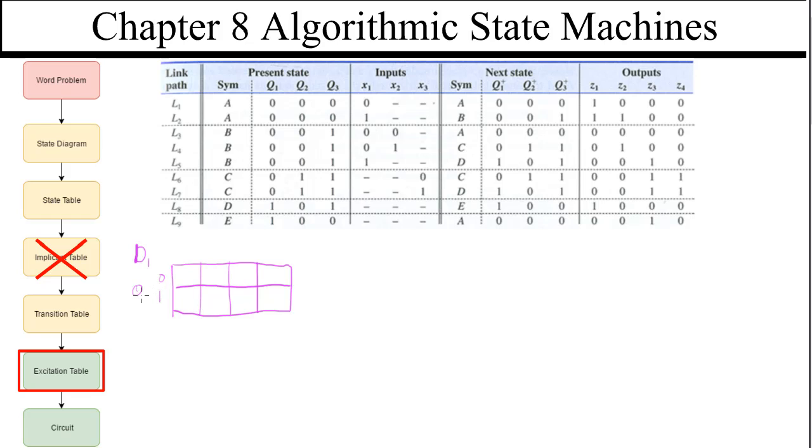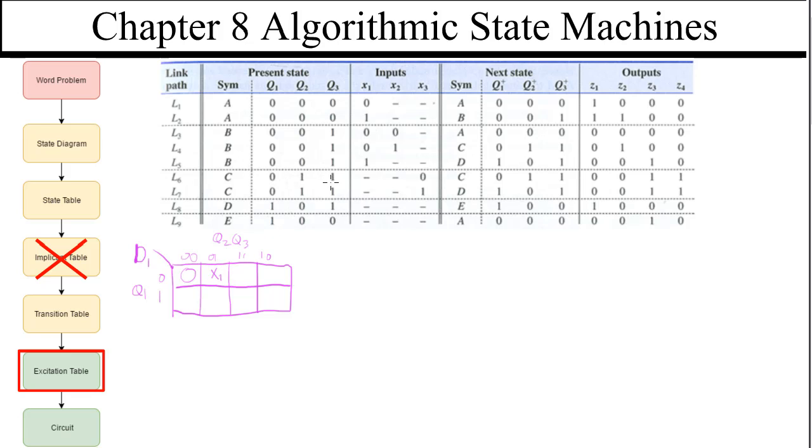So this is going to be Q1, and this is going to be Q2, Q3. So when there are 0, the output's a 0. When there's 0, 0, 1, it's following X1.